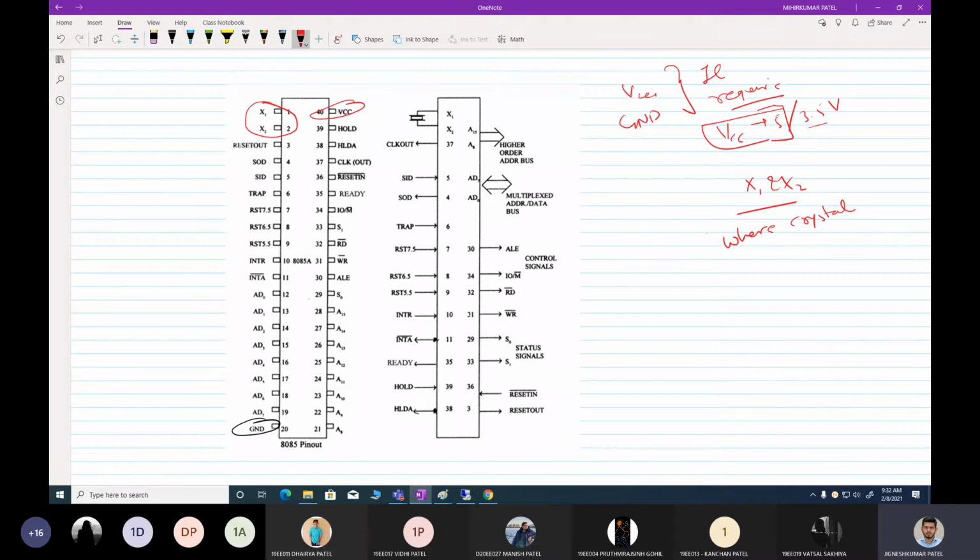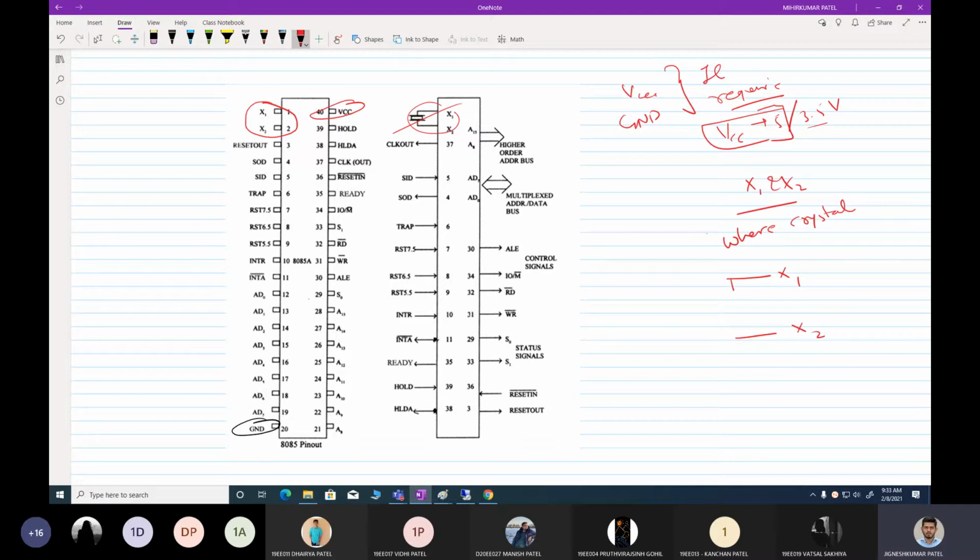Any controller or processor works on frequency, so you need a frequency base to operate 8085 or any other controller. So X1 and X2 are the pins where we connect that crystal. How is a crystal connected? See, this is the connection of a crystal. Let me draw it properly. Let us say this is my pin X1 and this is my X2.